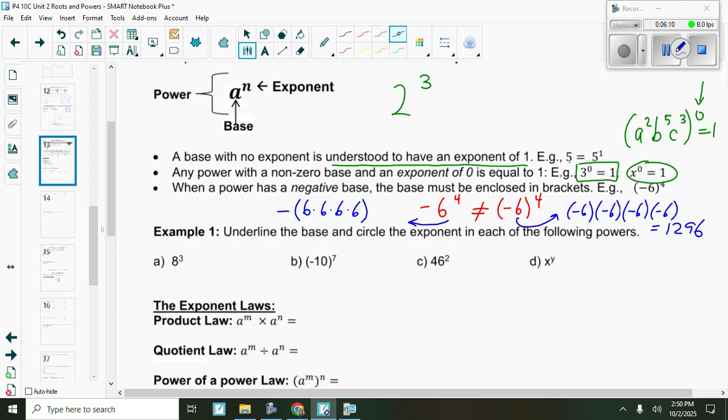For this, go ahead and underline the base and circle the exponent of each of the following powers. Pull out your notes and go ahead and do that. Let's make sure that we know which one is the base and which one is the exponent. Easy peasy, hopefully.